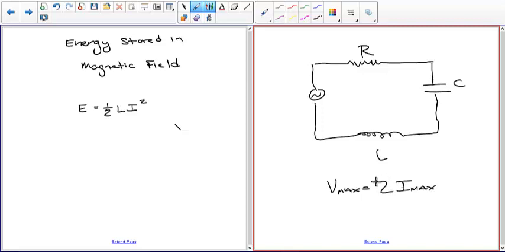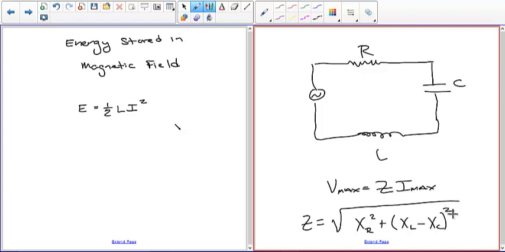Remember, that relationship was the impedance. And the impedance was a function of the resistance squared plus the difference between the inductive reactance and the capacitive reactance, squared.